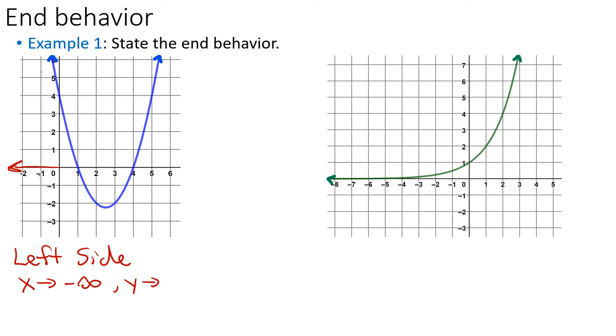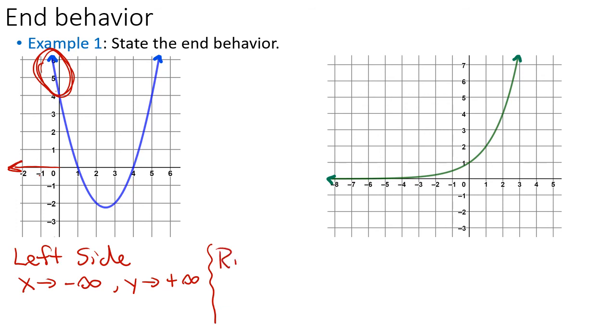Well, we can see this graph is pointing up, so it's heading towards all the positive y values going on forever. Therefore, y must approach positive infinity. So if your graph is pointing up on the left side, you should have a positive infinity for the end behavior of the left side of the graph.